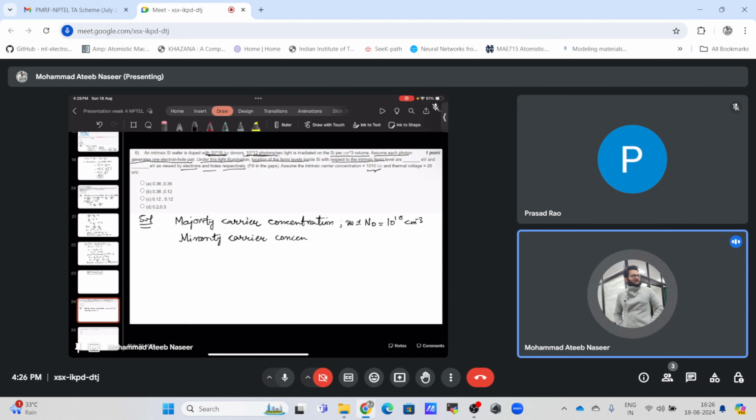Minority concentration P naught is simply Ni square by Nd, which is equal to 10 to the power of 20 by 10 to the power of 16, which is equal to 10 to the power of 4 per centimeter cube.